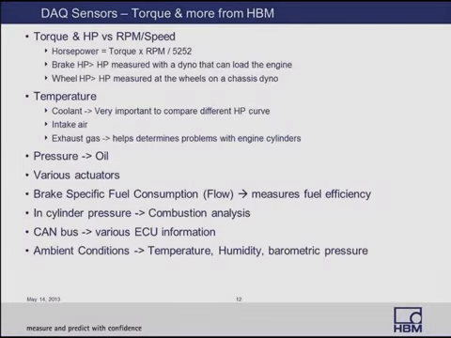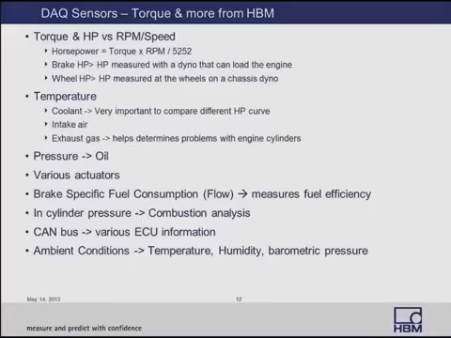So what are the sensors used in typical dyno testing? As you know, HBM is a premier vendor of various types of sensors, including torque, strain gauge and load cell. Torque is what's measured in a dyno application, and horsepower, or more popularly known as power, is actually calculated.